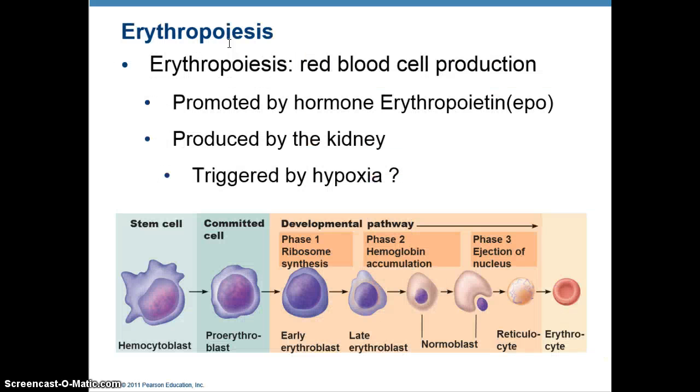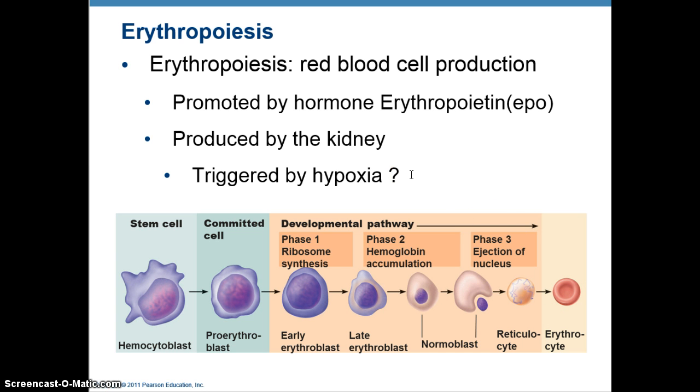If you need to make more erythrocytes, then your body releases erythropoietin. So this is actually released by the kidney. It's a hormone. It travels everywhere in the bloodstream, and when it hits your hemocytoblasts in the bone marrow, it causes the hemocytoblasts to differentiate or develop into erythrocytes.